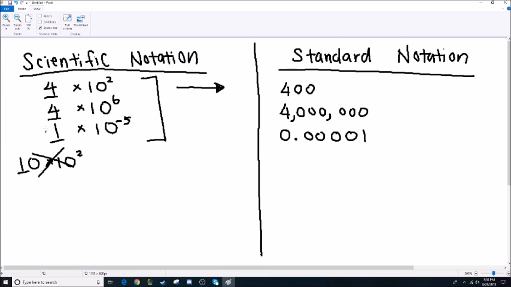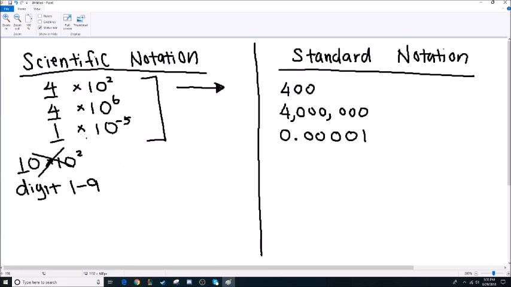You can only have a number in the ones place, and it needs to be a digit 1, 2, 3, 4, 5, 6, 7, 8, or 9. So it basically has to be a number between 1 and 9. You cannot have a 10. And it will have times 10 to whatever power. Here the power tells you how many spaces to move the decimal point.